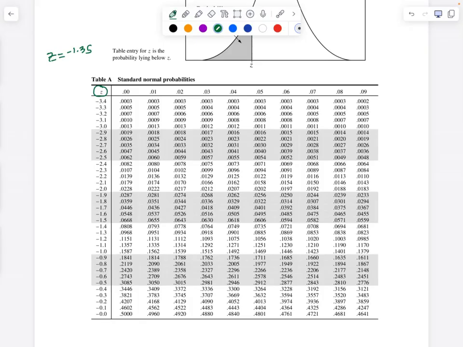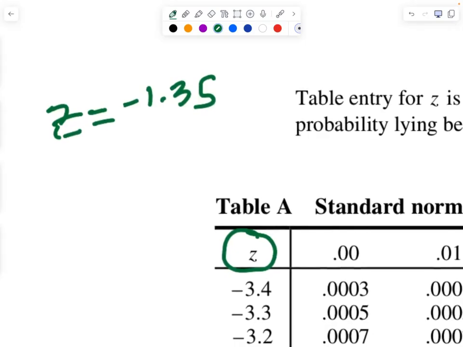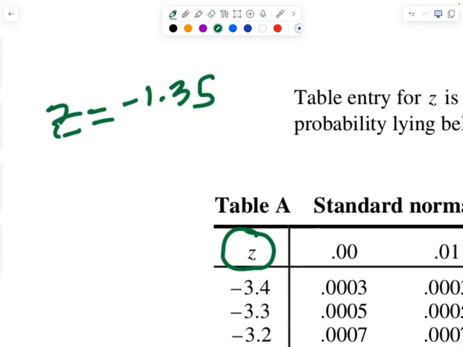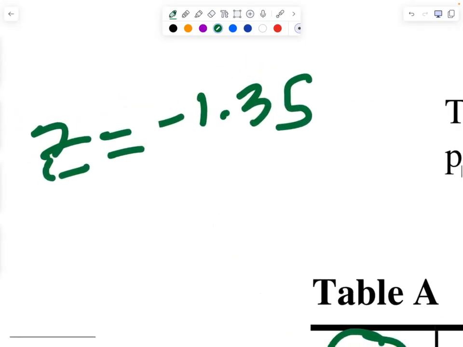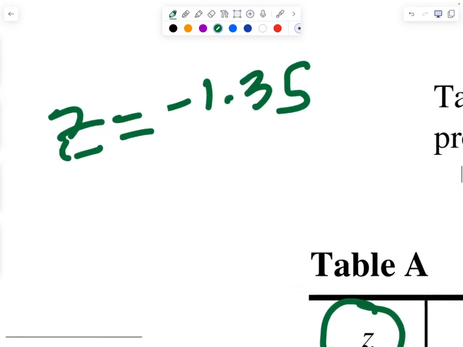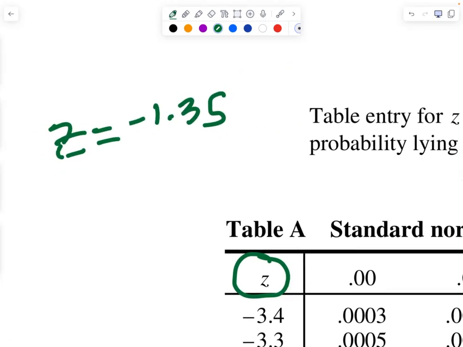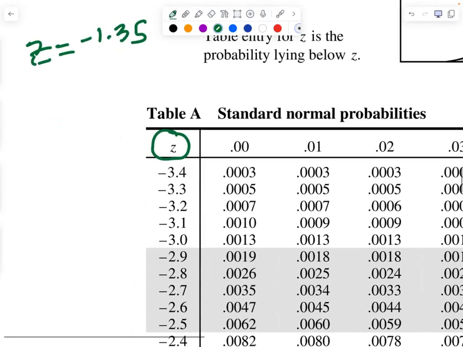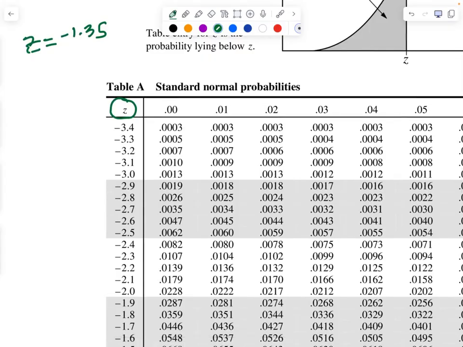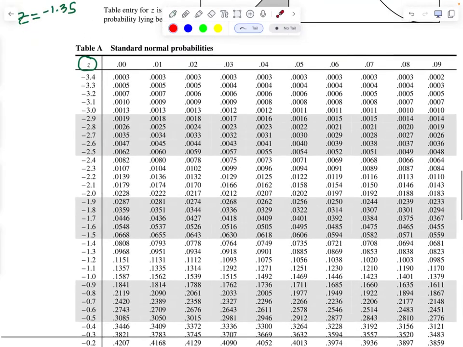So on my graph, I'm going to go down, and I'm going to find negative 1.3. And then what's the next decimal number? 5. So then I go to 5, and I just find where they intersect, and there would be my answer right there. So for negative 1.35, I would go to negative 1.3 and then 0.05, and that's the area under negative 1.35 for a z-score.